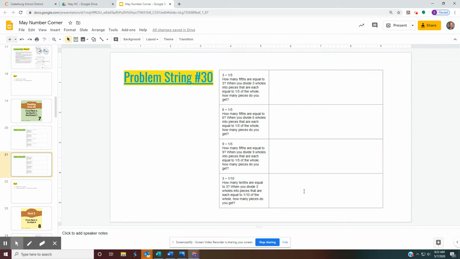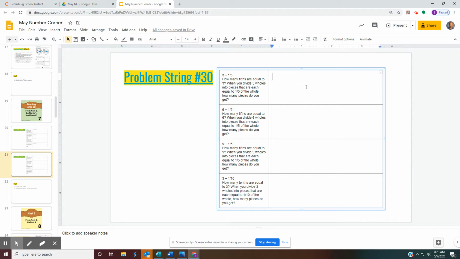Good job. All right. Now we're going to deal with fifths. If we have 3 pans of brownies and we're cutting them into fifths, how many fifths are in a whole? 5, right? So I'm going to take those 3 pans, multiply it by 5, and you get 15.